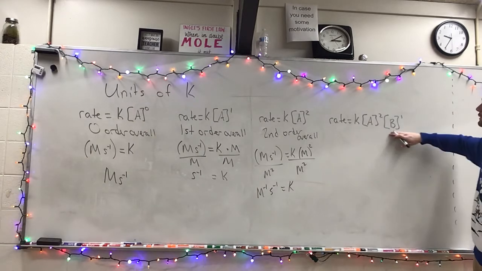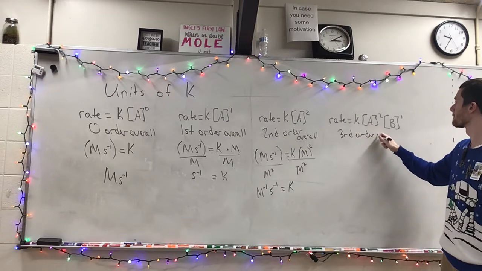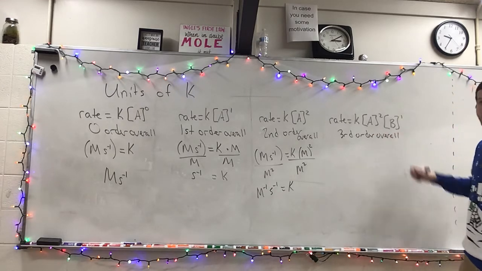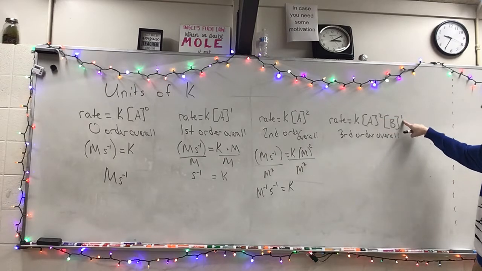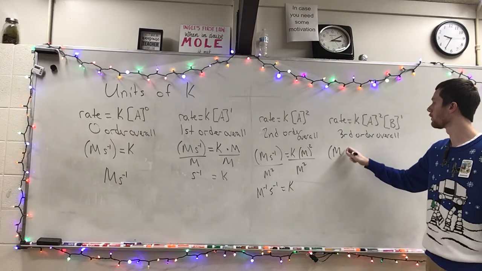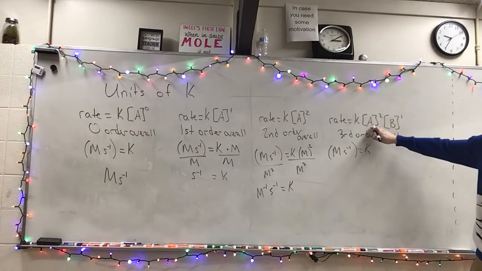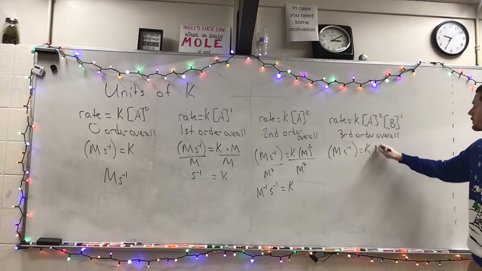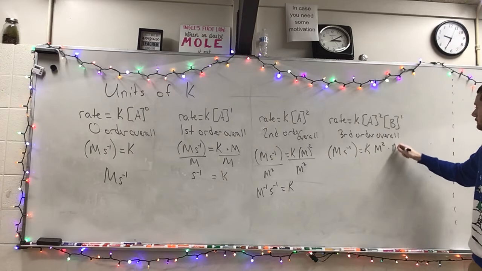And then if we go to this one here, we have a third order overall. And I know it's third order overall because the powers of the rate law, the A is 2, the B is 1, 2 plus 1 is 3. Again, rate is measured in molar inverse seconds equals k. The unit of the A is molar, which is being squared, times the unit of B, which is molar.